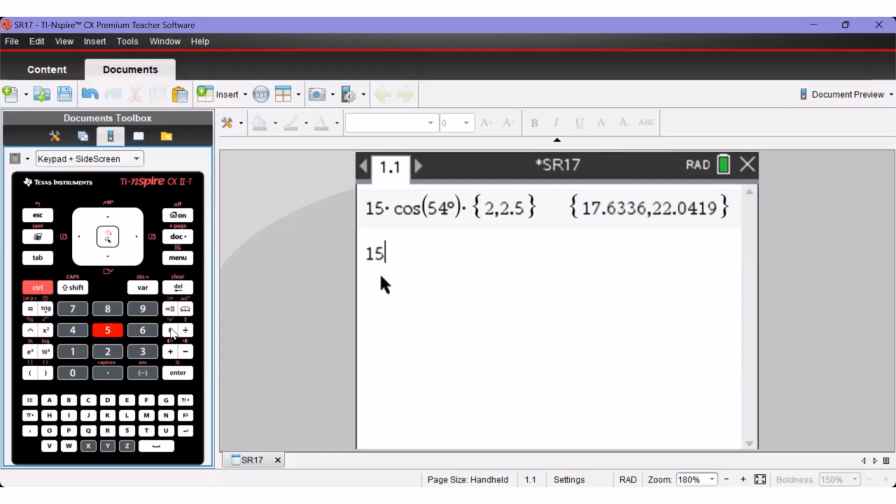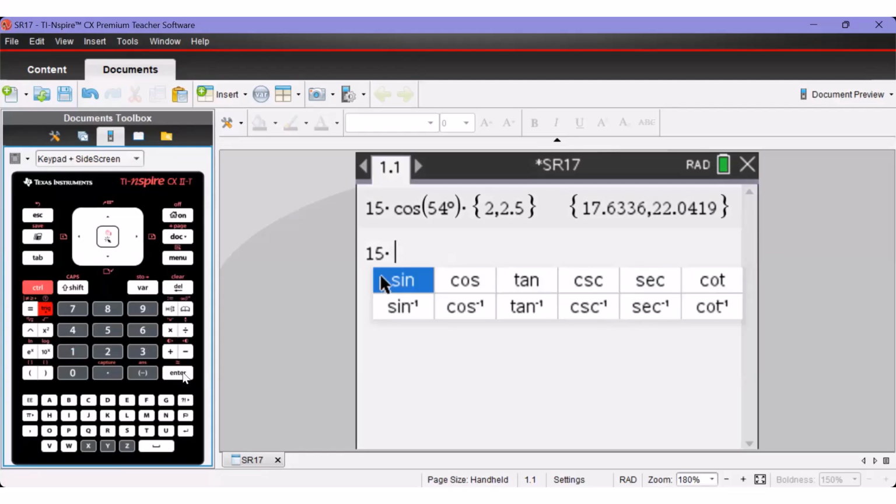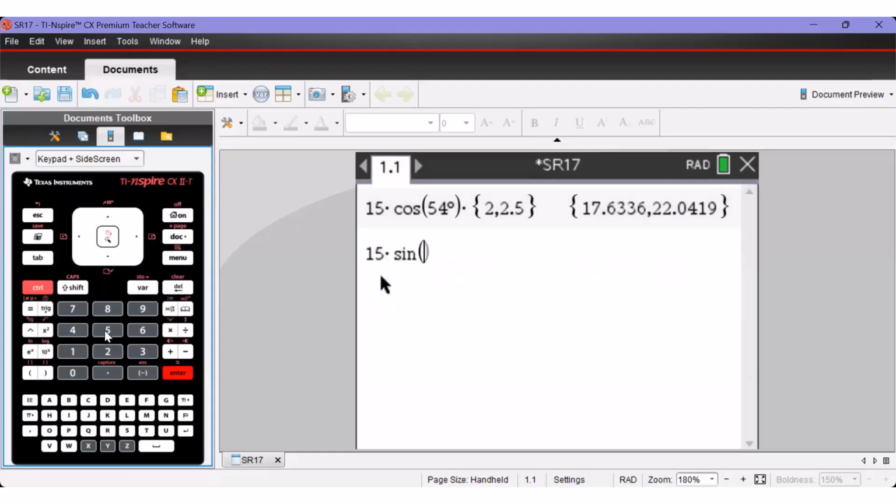So we'll enter the 15 multiplied by, press trig, sine's already highlighted, so press enter. 54, press the pi button, down navigation pad to highlight the degree symbol, press enter, navigation pad 1 to the right, minus 9.8 multiplied by t. We want to evaluate that when t equals 2.